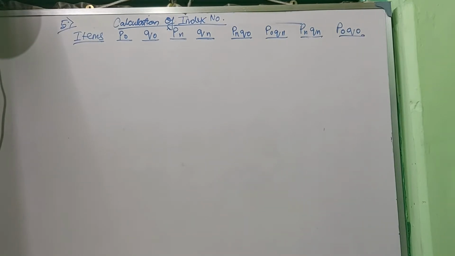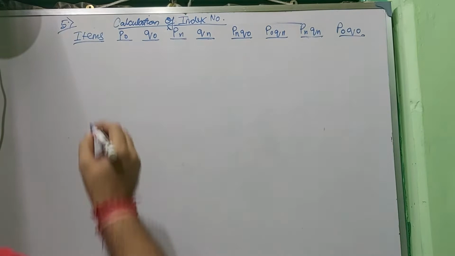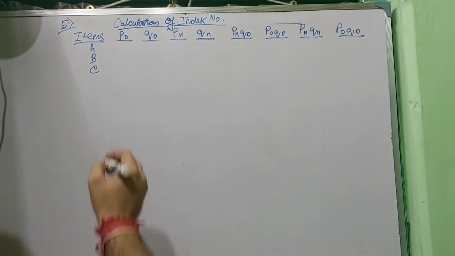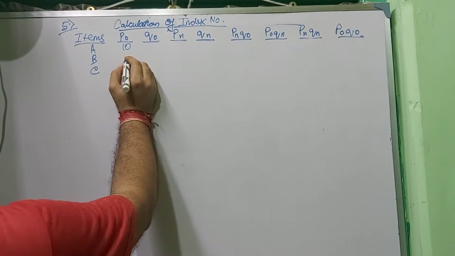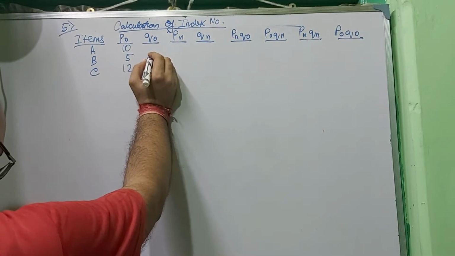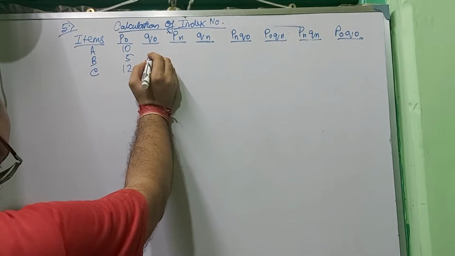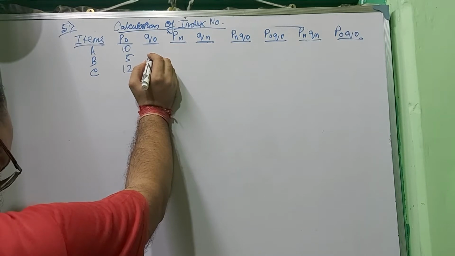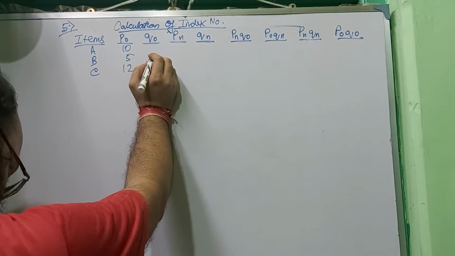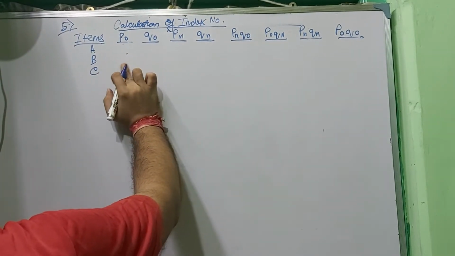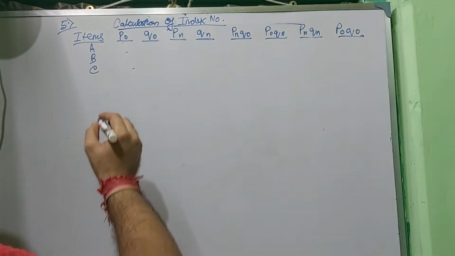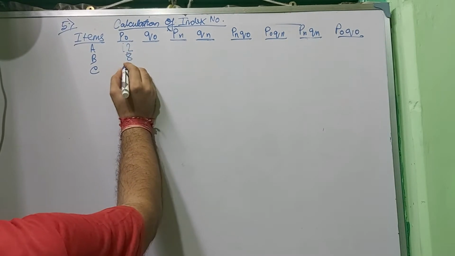Okay, so here also 3 items have been given, A, B, C. Base year price has been given 10, 5, 12. Base year quantity has been given 12, 8... Oh, sorry, base year price is 12, 8, 10.